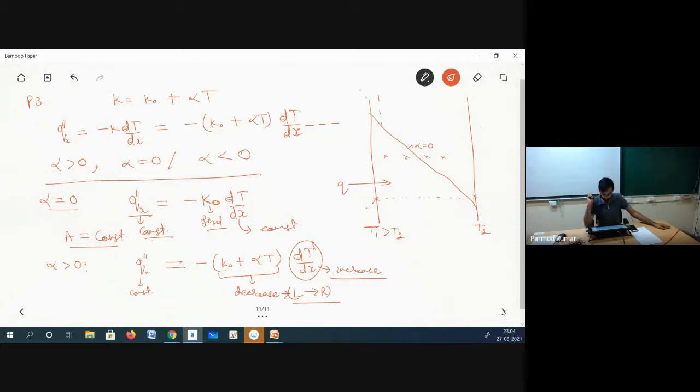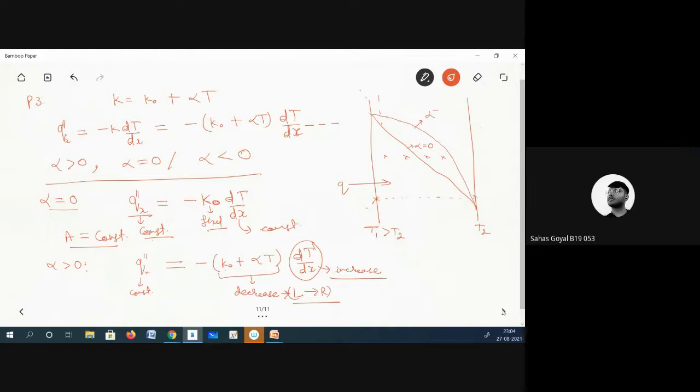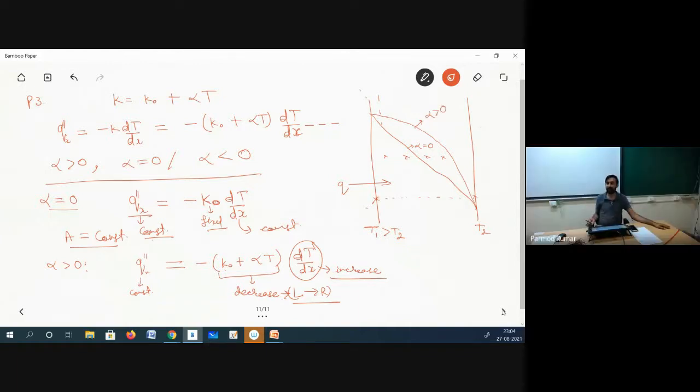So in order to make it increasing in nature, I will use a profile something like this. So this is for alpha greater than 0.